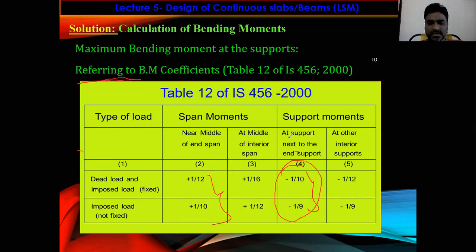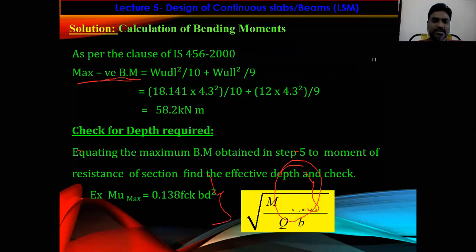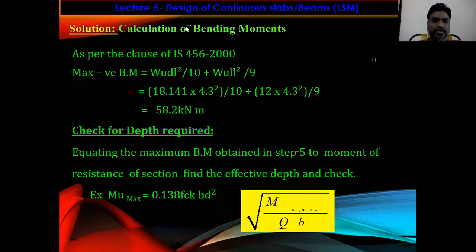So what is this one? This is the support next to the end support. That is negative bending. That is why I directly calculated the maximum negative bending, right? The maximum negative bending moment coefficients are taken, which occur at the support next to the end support.